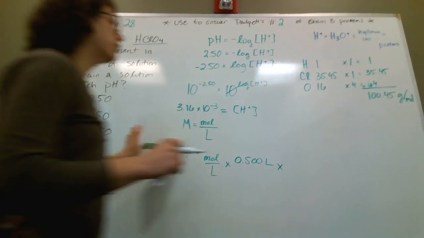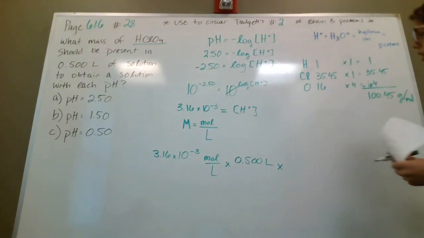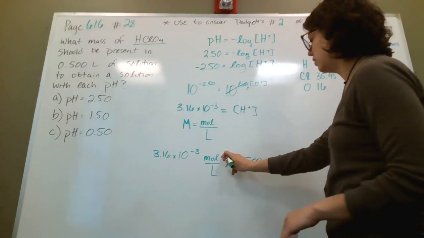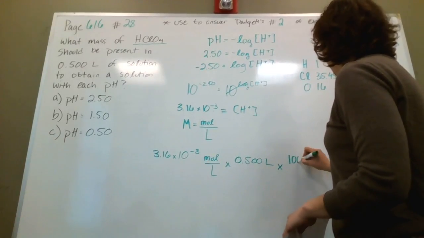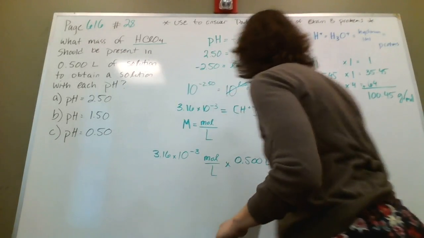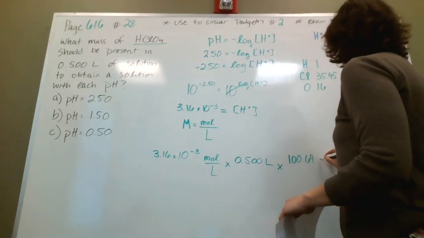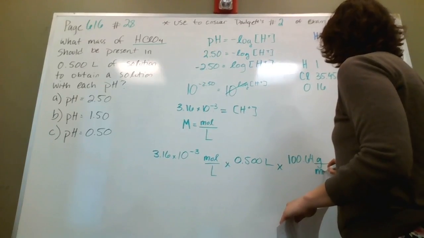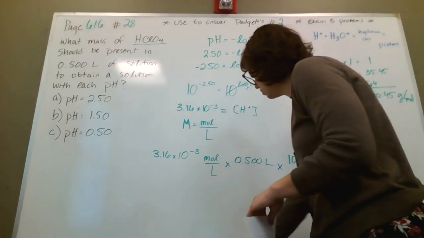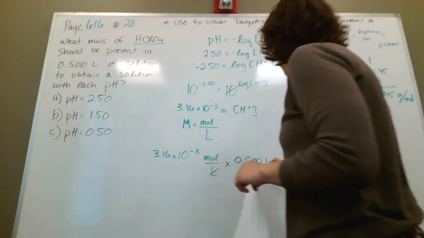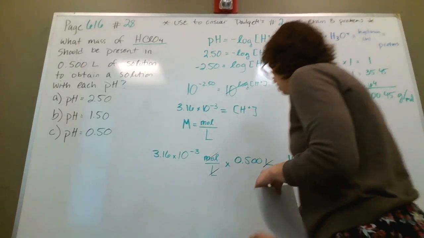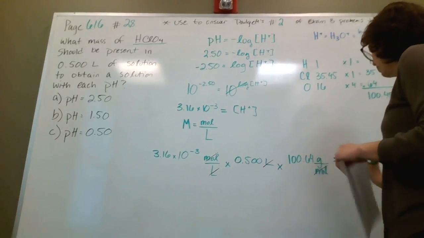So we just found out our grams per mole here, and we want to keep grams. We want moles to cancel out, so you want moles in the denominator, so it cancels out with this mole here. So that's 100.45. Oh, I said moles so much, I started putting them in the wrong place. Grams per mole. Okay, so now we can do some canceling out. This liter will cancel with this liter. That mole will cancel with that mole, and you'll only be left with grams.